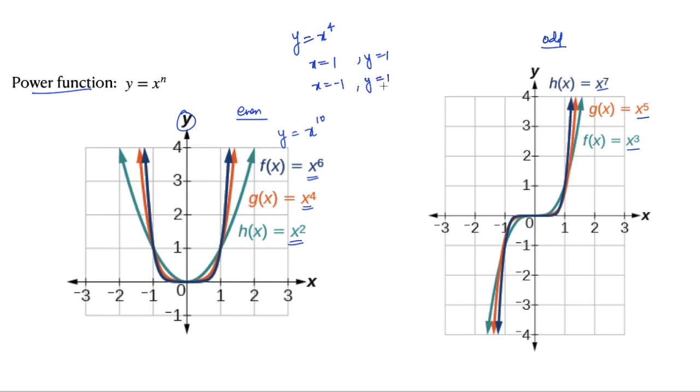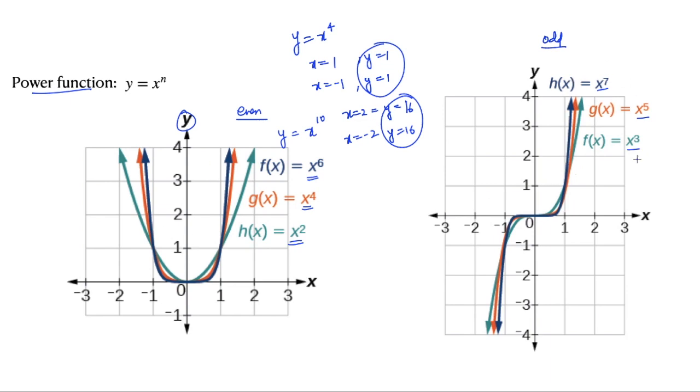So in both cases, I'm getting a positive number. Or if I put x is equal to 2, y is going to be 16, and if I put x is equal to minus 2, then also y will be 16. So whatever value of x I put, whether positive or negative, I'll get a positive y. That's why the curve will only remain on the positive y side.